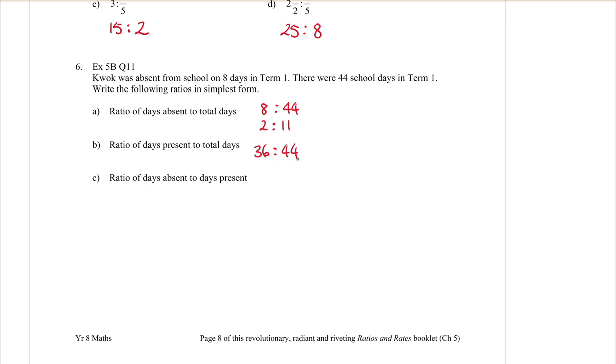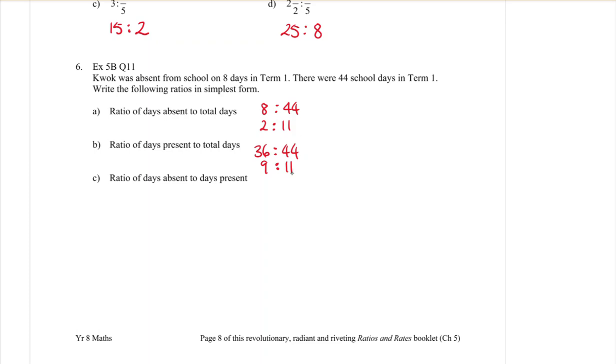Yep, but bigger. 12? Nope, doesn't work. 3? 3 doesn't work. 4 again. 36 divided by 4 is 9. 44 divided by 4 is 11. We kind of could have done that from here, couldn't we? If he was absent for a 2:11 ratio, you'd do 11 take away 2, that means 9 out of 11 that he was actually there for.